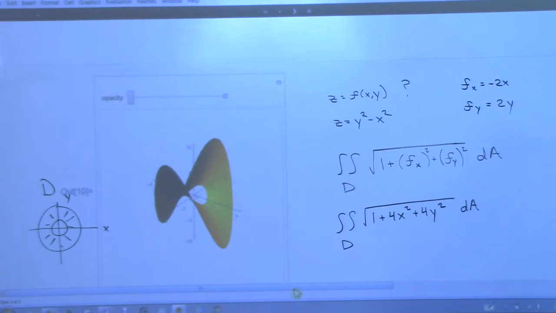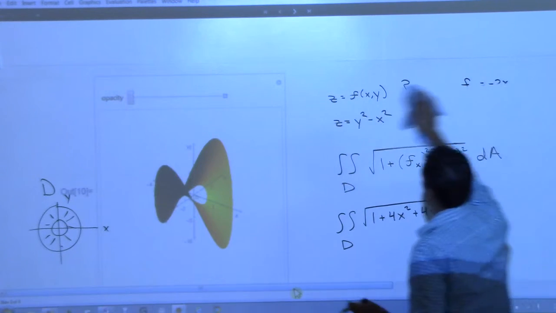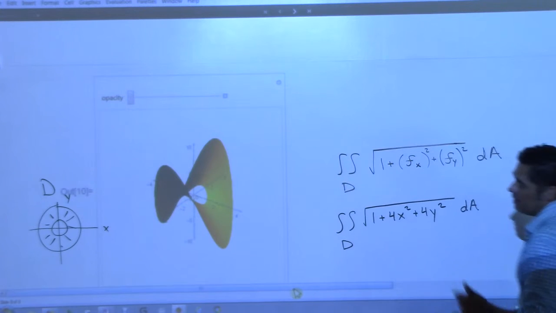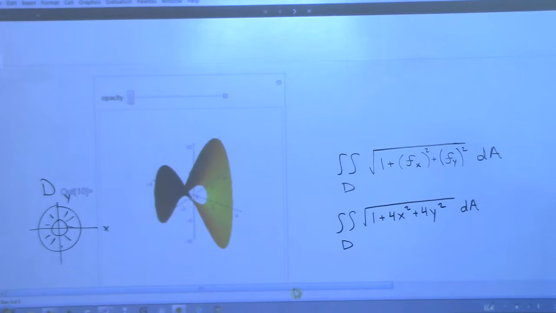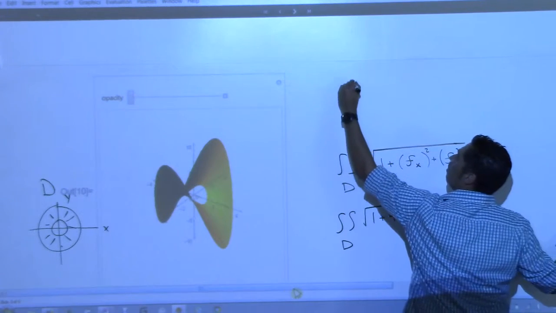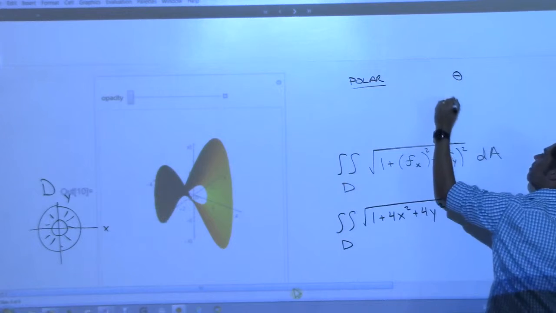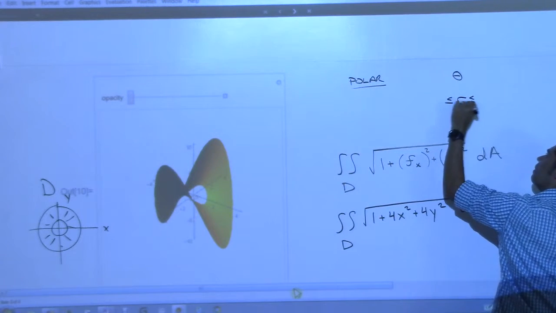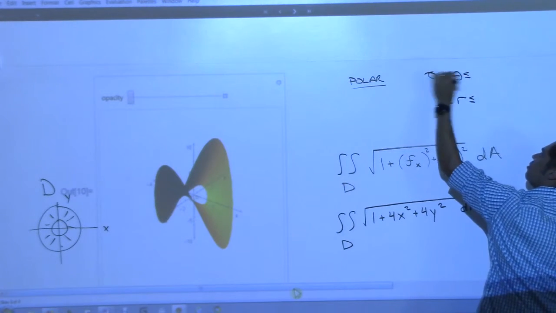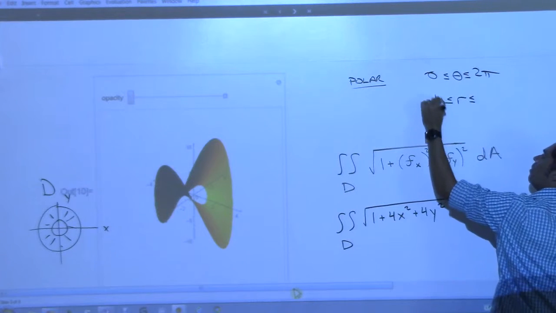So to go to polar means I need to have some grasp on how to define D in terms of polar coordinates. So switching to polar, can you give me some restrictions for theta and r? 0 to pi? 1 to 3.